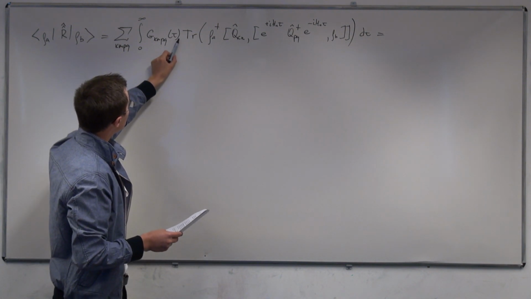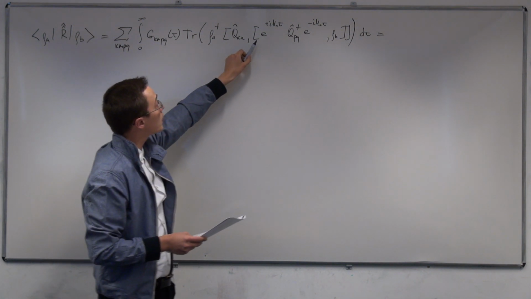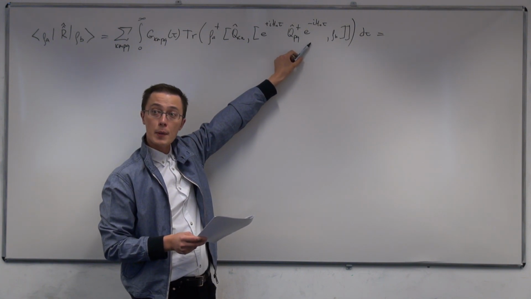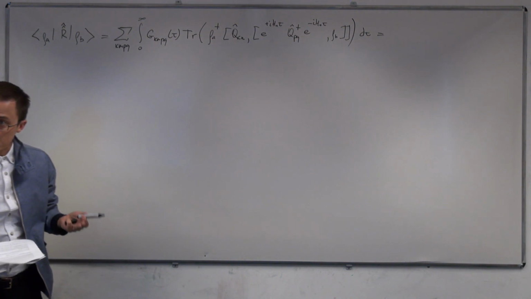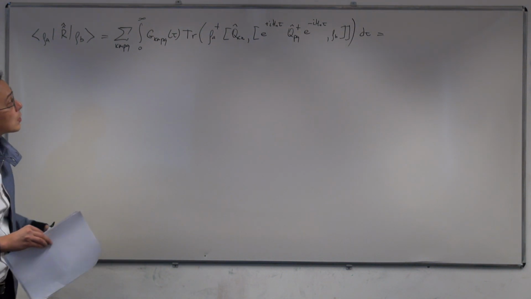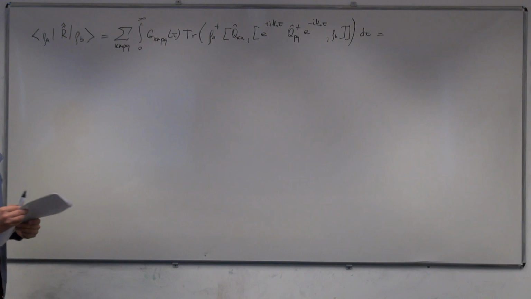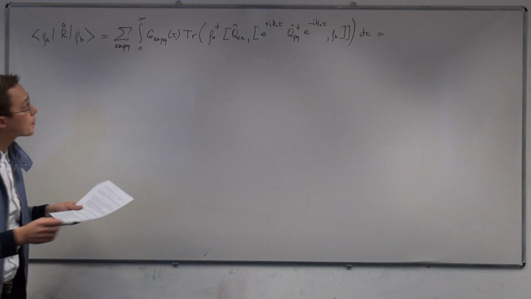So what we have is a function multiplied by some kind of complex exponential and integrated from 0 to infinity. Clearly a Fourier transform. And in this case, it's just a superoperator valued Fourier transform, and so it's fairly complicated.